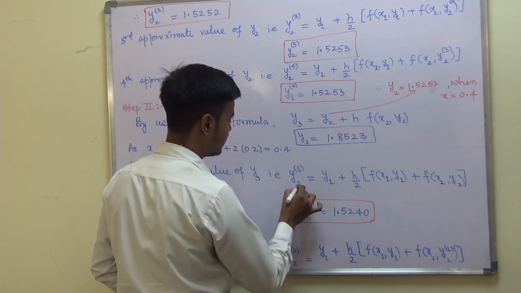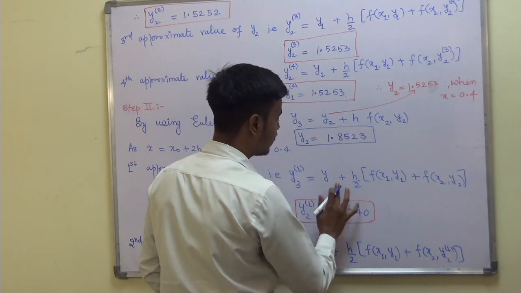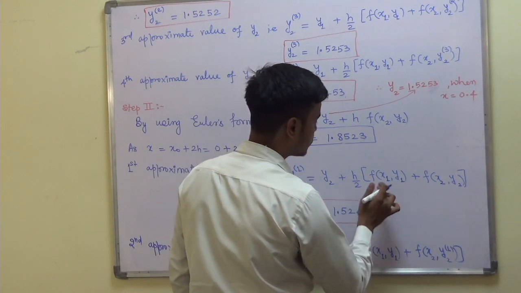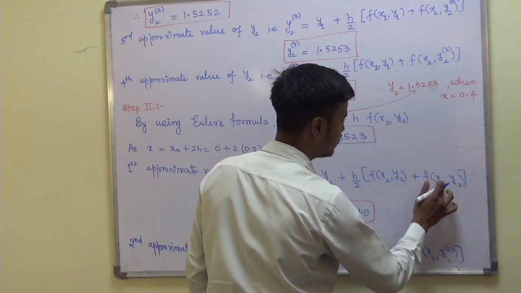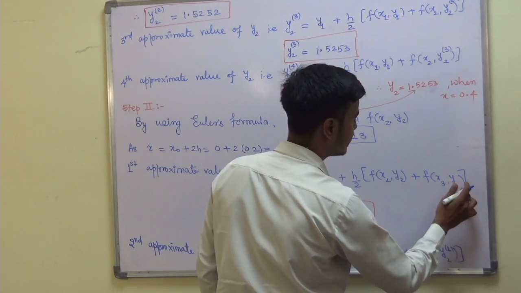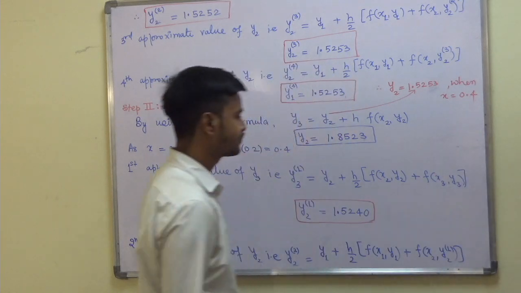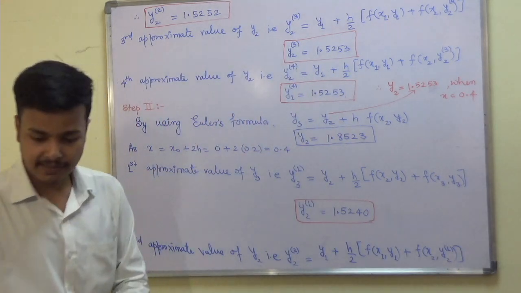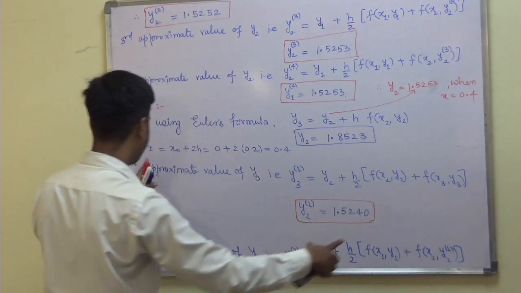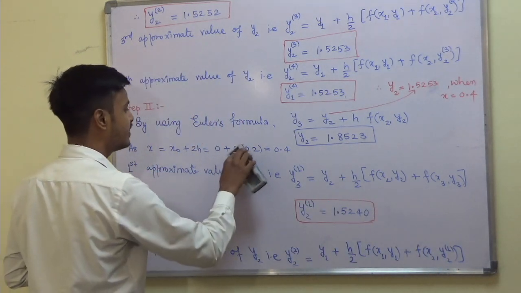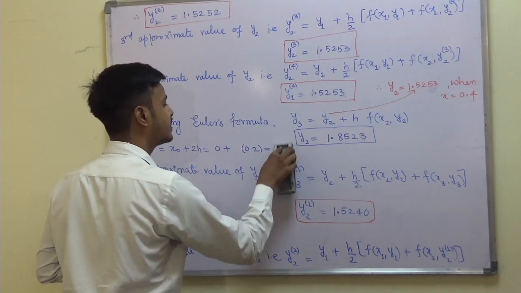Okay, now the first approximate value of y3 is y31, given by y2 plus h by 2 times f of x2, y2 and x3, y3. Now substitute these values. To get this value we need x3, so that is why I am doing the calculations.